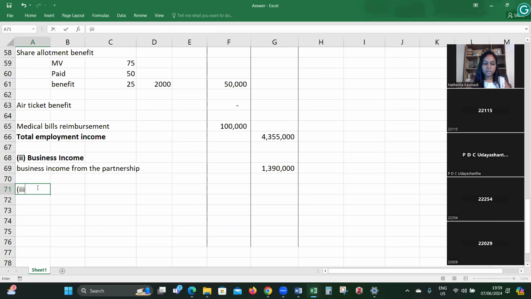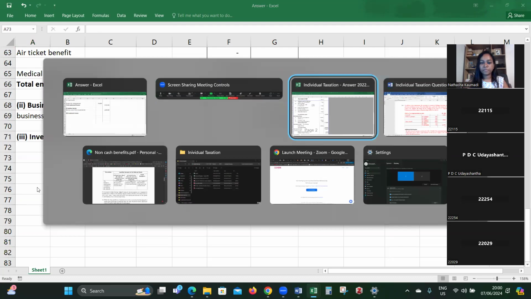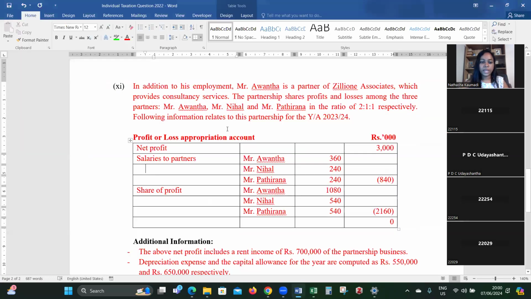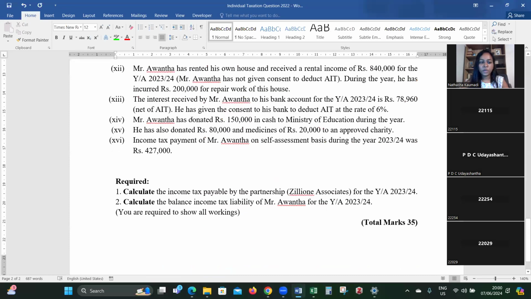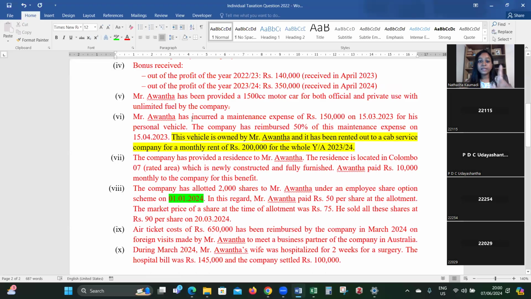Number 3. Next income source is investment income. Now, can you remember, before going to these latter part points, we highlighted one point, this point. Mr. Avantha has his own vehicle.